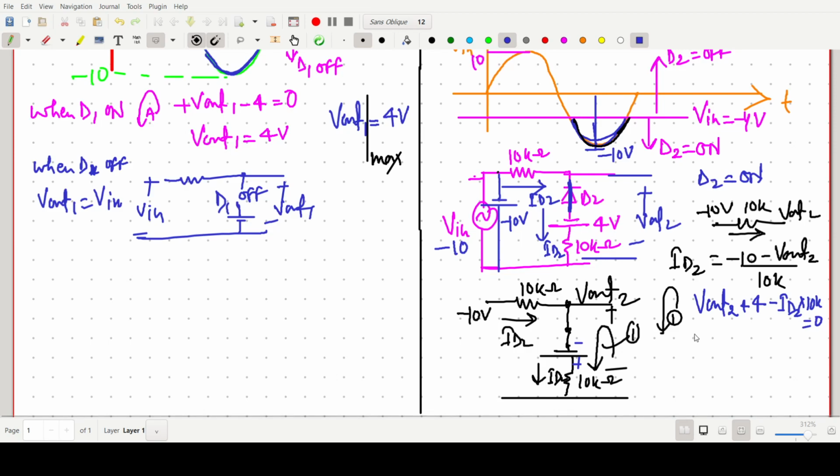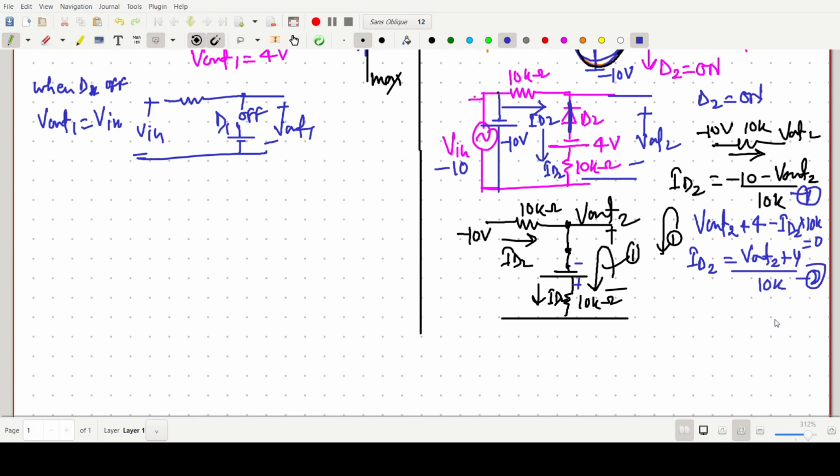So from here we can also write ID2 equals V output 2 plus 4 by 10k. Simple calculation is there. Say this was equation number 1 and equation number 2.